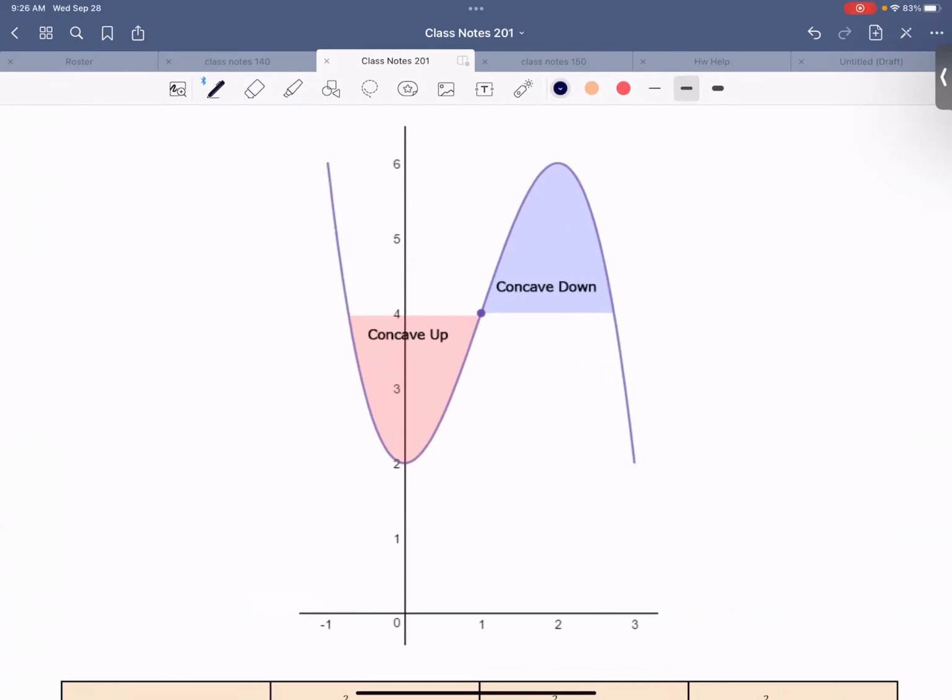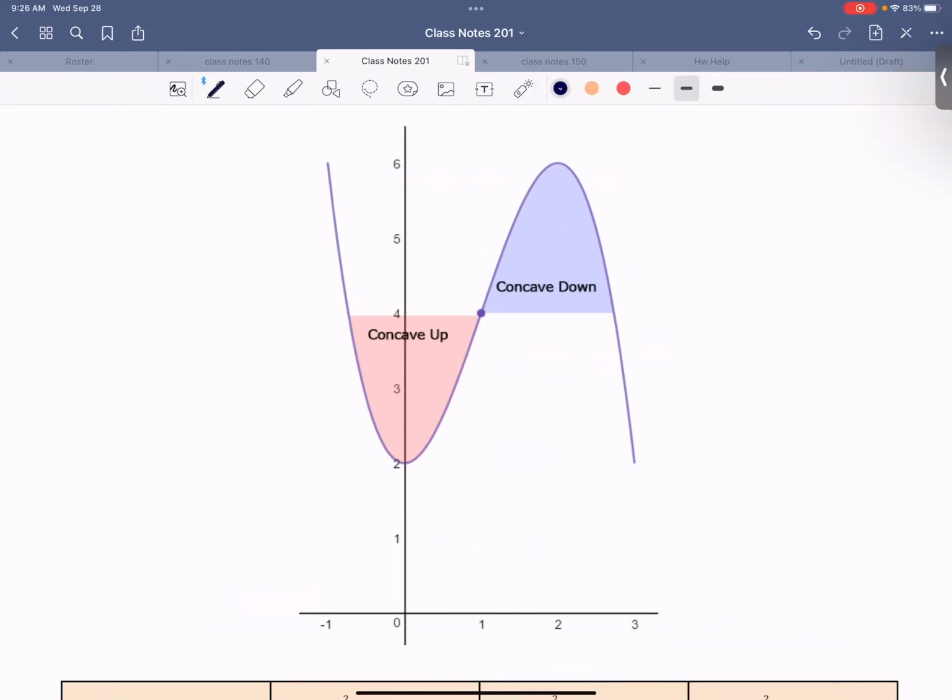We will go back to this, but I do want to talk about this just for a tiny bit. When we have a graph, we looked at the first derivative and how that translates into the picture of the graph, right? So positive derivative means increasing, negative derivative means decreasing. We can also talk about how the second derivative translates into a graph.